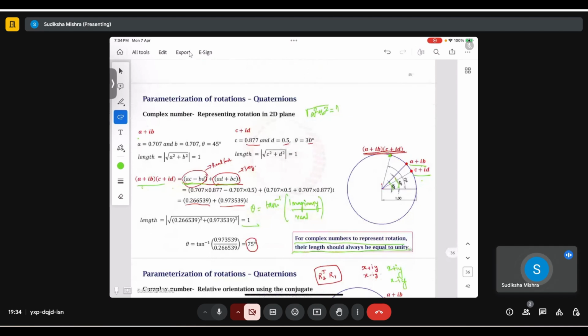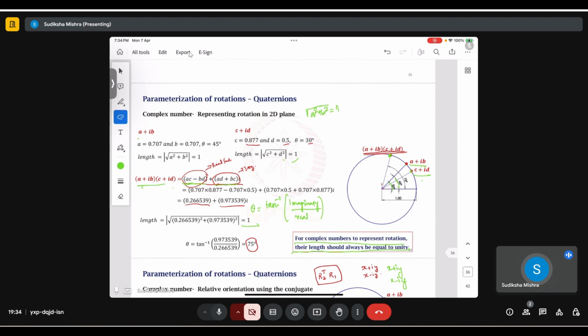Now if you were to represent complex numbers in a 2D plane, this is how it will look. So if there is an object here with the coordinate c plus id and an object here with the coordinate a plus ib, the positional information is such that the length a square plus b square and c square plus d square is equal to 1.